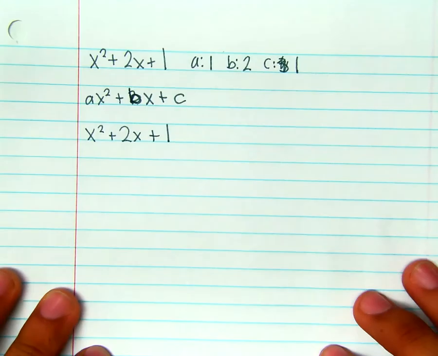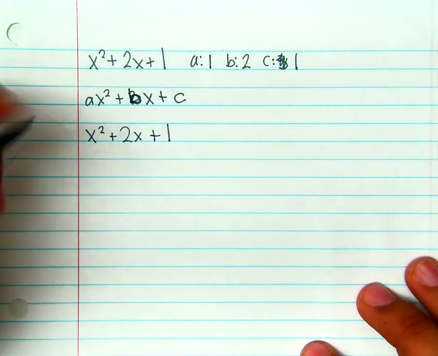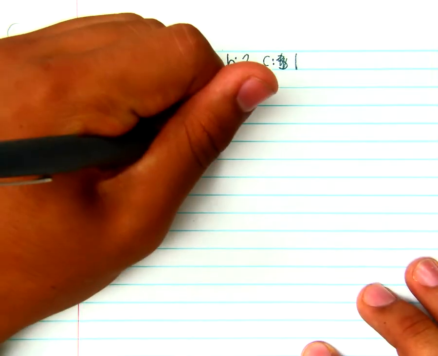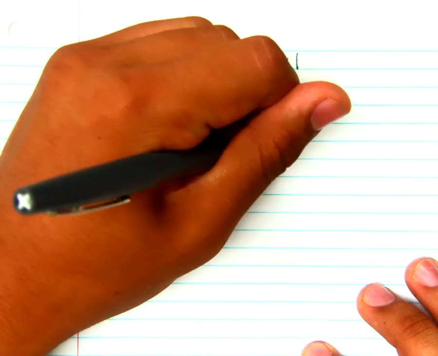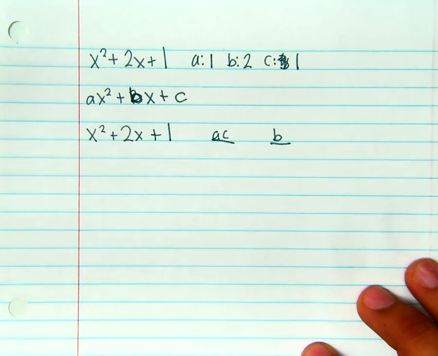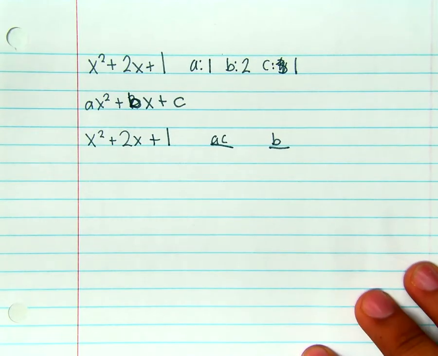We're going to write to the side AC and B. Now, AC is A times C. Anytime we have 2 coefficients or variables next to each other, that's multiplication. So AC is telling us A times C.